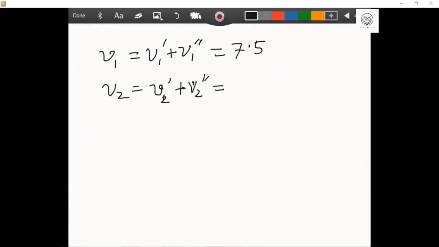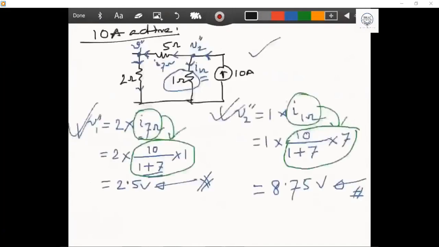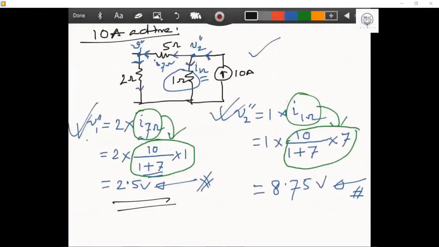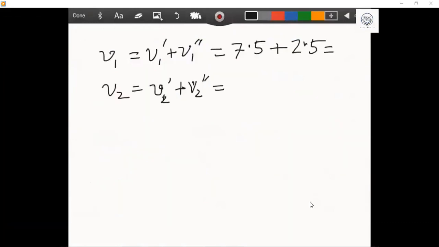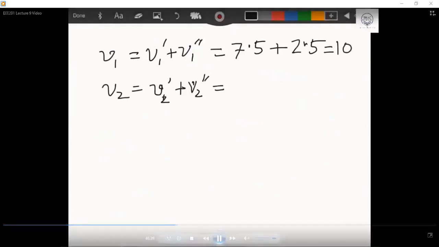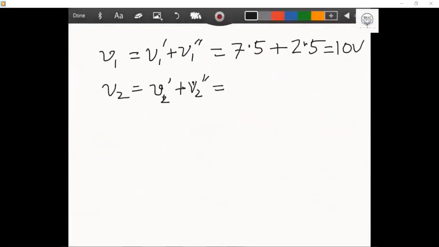V1 double prime was 2.5, isn't it? Yes, 2.5. So you write 2.5 here and you get the answer here. 7.5 and 2.5 is what? 10 volt, right? 10.